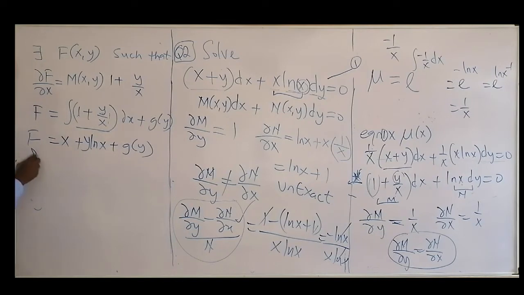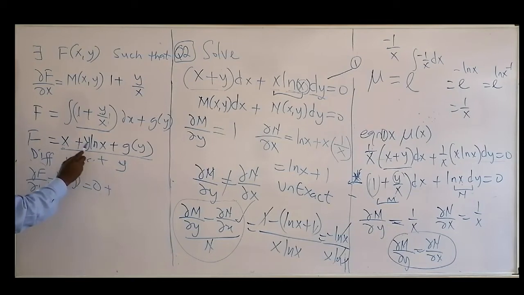Okay, then differentiate this with respect to y. Then we have the partial derivative of f with respect to y, and that is n. Equal to, differentiate this with respect to y, this will be 0.